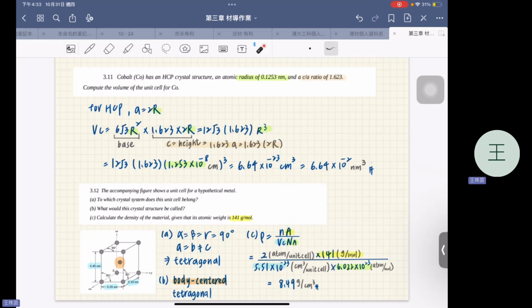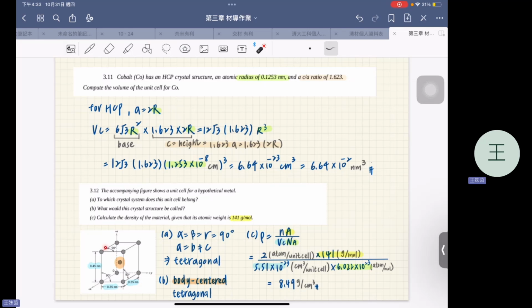As for the next question, there are a few questions down here. First, which crystal system does this unit cell belong to? We can check the angles and the lengths of this unit cell. We can see a equals b but doesn't equal c, so we confirm the lengths are a equals b and not equal to c.